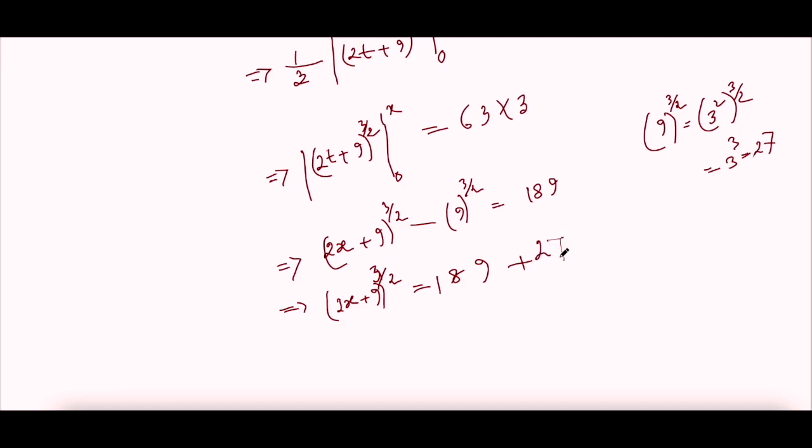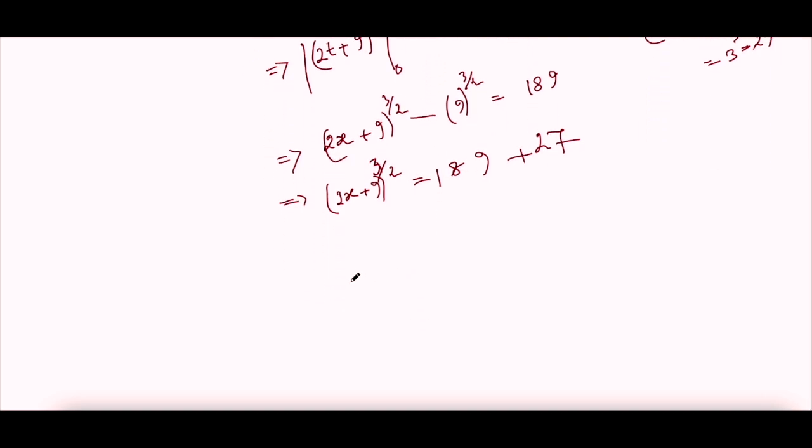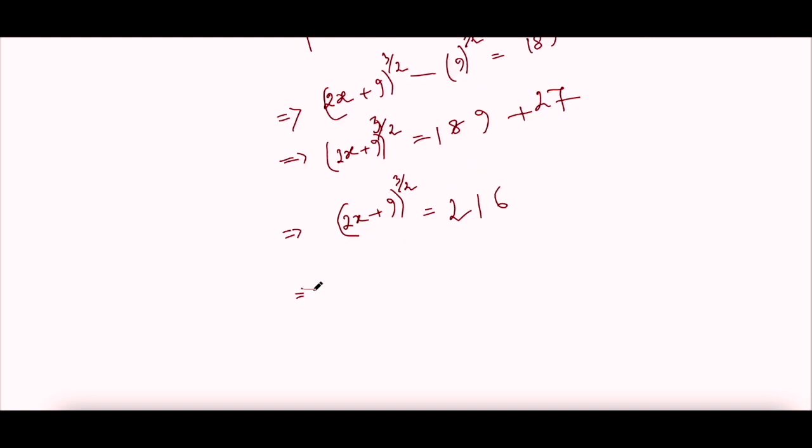So I can put 27 in the right side, and this implies (2x plus 9) whole to the power 3 by 2 is equal to 216.